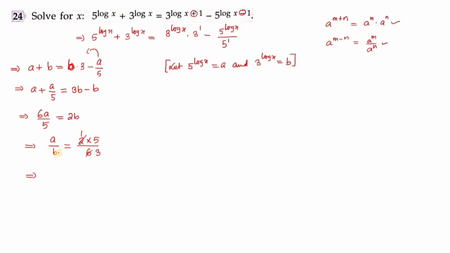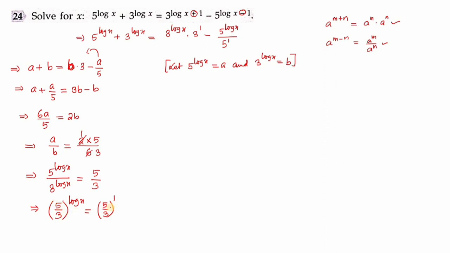Now let's resubstitute the values. a is 5 to the power log x and b is 3 to the power log x, which is equal to 5 by 3. Can I write this as 5 by 3 whole to the power log x? Definitely. And can I write this as 5 by 3 whole to the power 1?